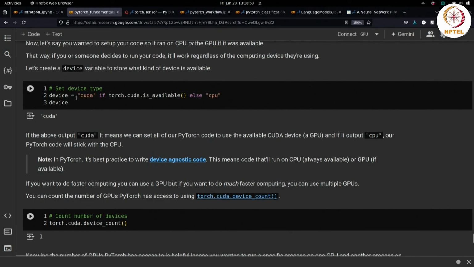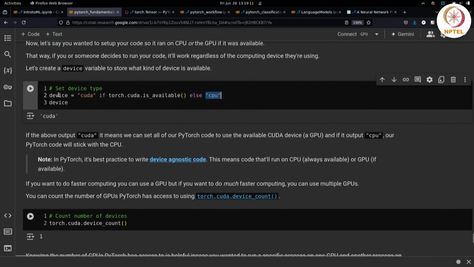Usually, whenever you're writing code, you should write it agnostic of whether you have a GPU or not. One way to do that is this: if CUDA is available, the device name is cuda, otherwise the device is cpu, right?